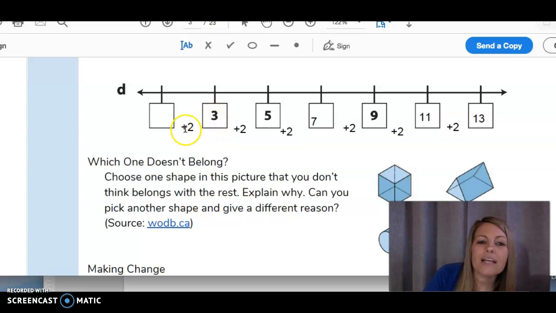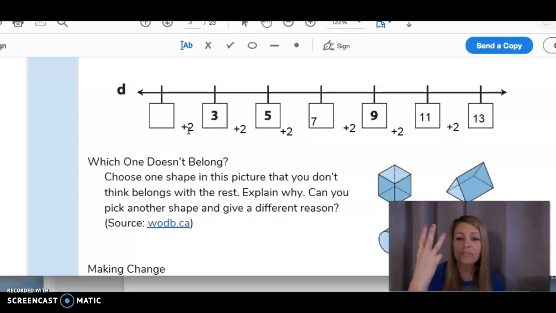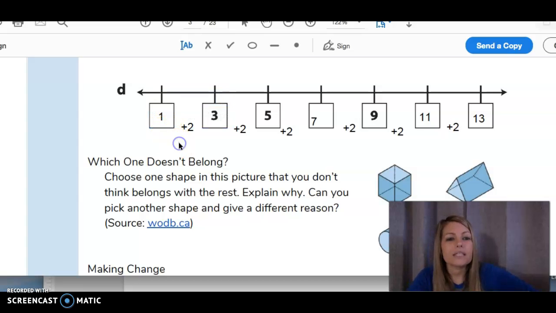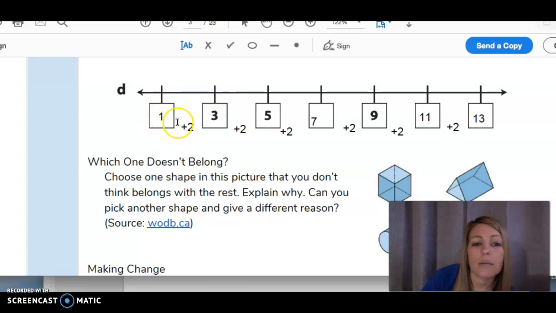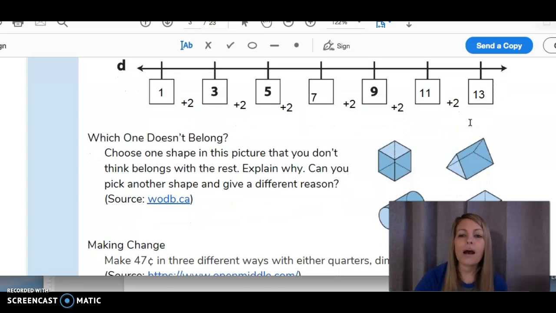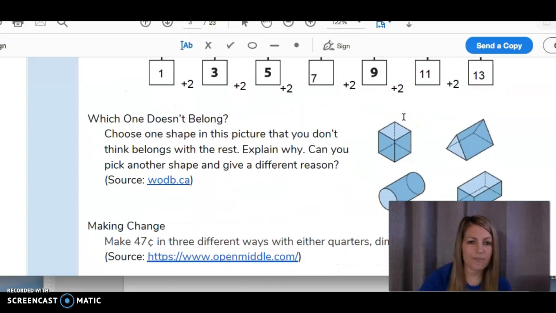What is 3 take away 2? If you have 3 and you take away 1, 2, you're just left with 1. Okay, and let's see if this works. Does 1 plus 2 equal 3? Yes, it does. So our pattern looks good. 1, 3, 5, 7, 9, 11, 13. It's going up by 2 every single time.